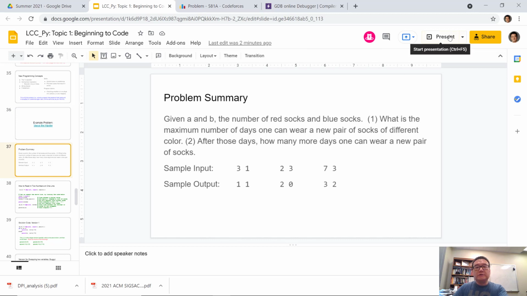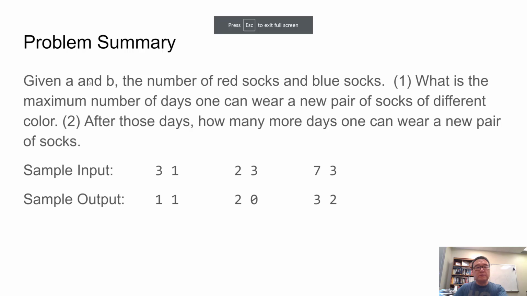In essence, what this problem asks us to do is, given two integers a and b, the number of red socks and blue socks, print two things. The first is the maximum number of days one can wear a new pair of socks of different colors, and every pair after wearing for the day is thrown away.